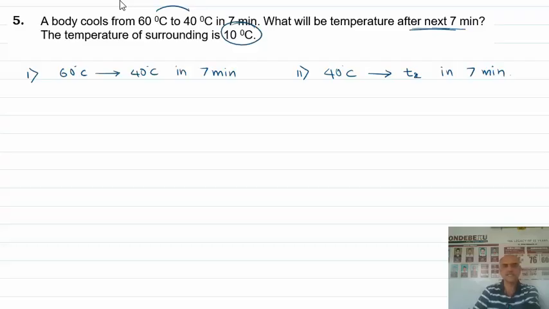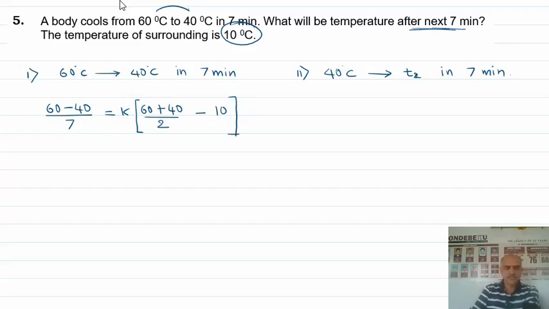Temperature of surrounding is 10. First, substitute into the formula. Remember the formula? Temperature difference of body 60 minus 40 divided by time is equal to K into average temperature of body 60 plus 40 by 2 minus temperature of surrounding 10.